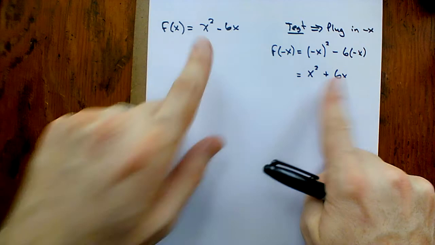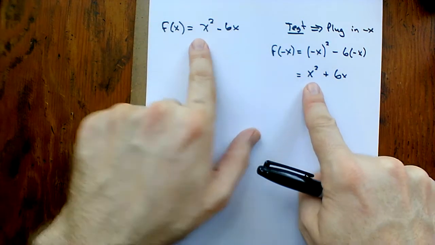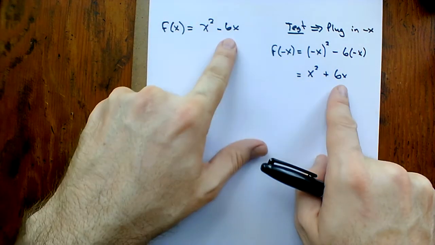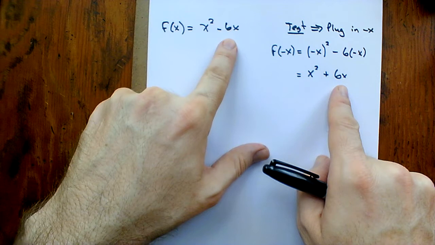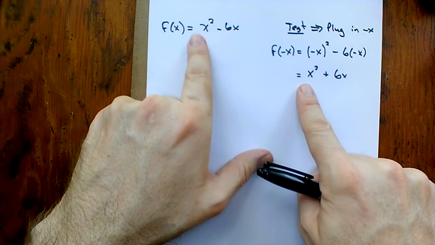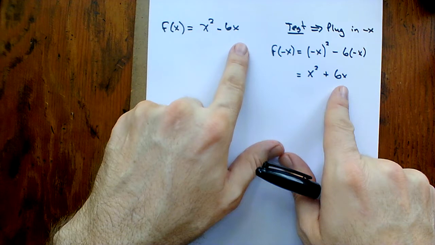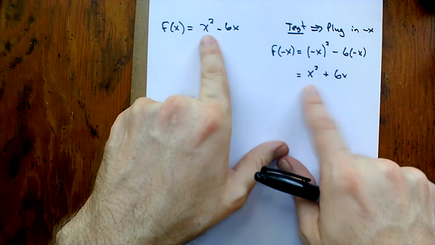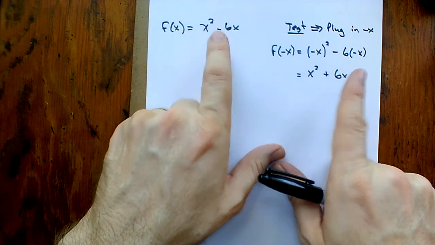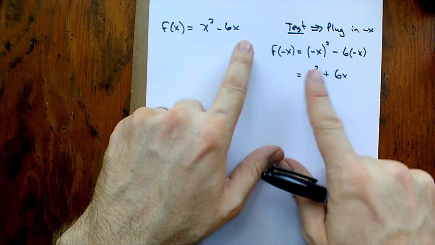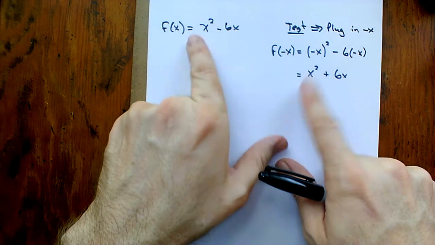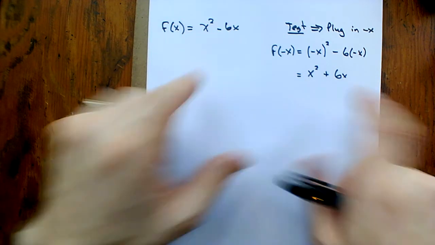And this is different. It's got the same sign on this first term, but it's got an opposite sign on that second term. So I can see right off the bat, it's not going to have even symmetry because it doesn't have the same signs on these terms. It also doesn't have odd symmetry because both of my signs would be reversed, not just one of them.